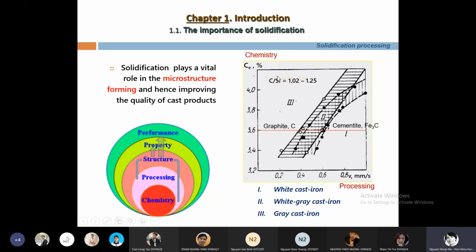If you pay attention to this picture, you can see that with a higher percentage of carbon and a lower solidification rate, we can have gray cast iron. This is the domain of gray cast iron. With a lower percentage of carbon and a higher solidification rate, we have the white cast iron, and we have carbon in the form of cementite.